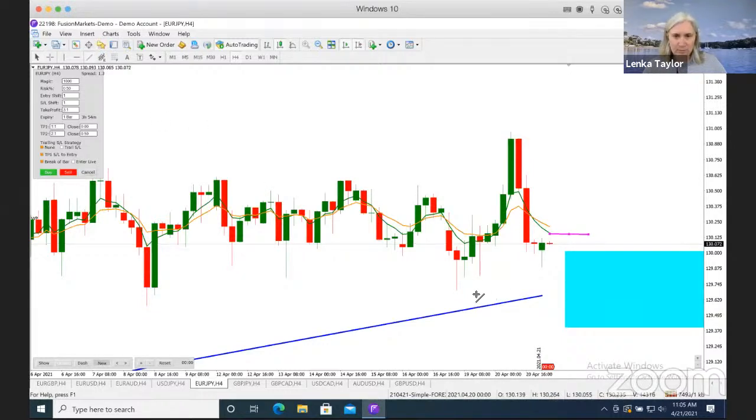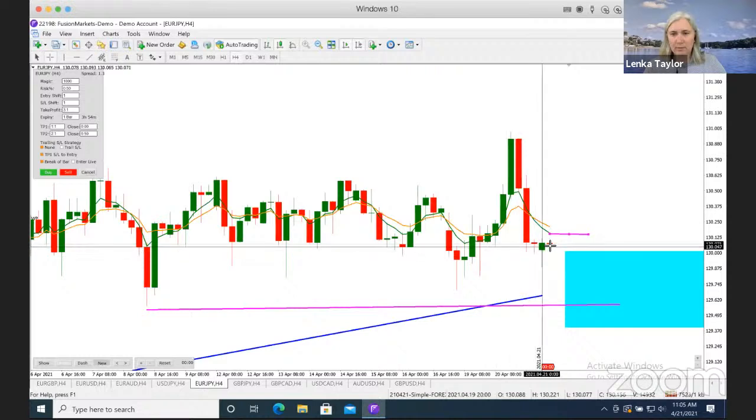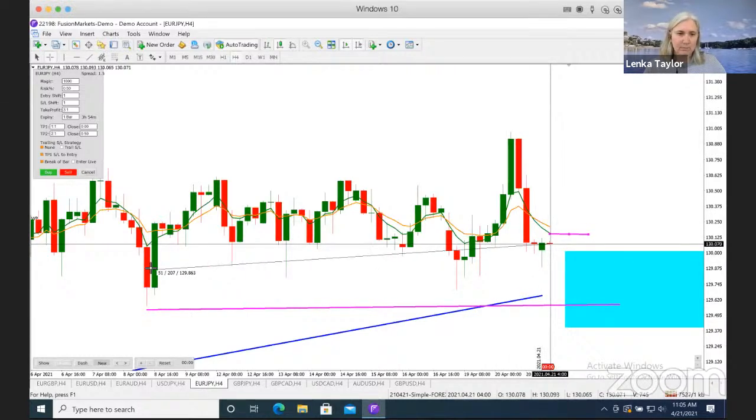And the stop loss, maybe give it a bit more room. So we'll do about there. So let's measure that. That's 52.